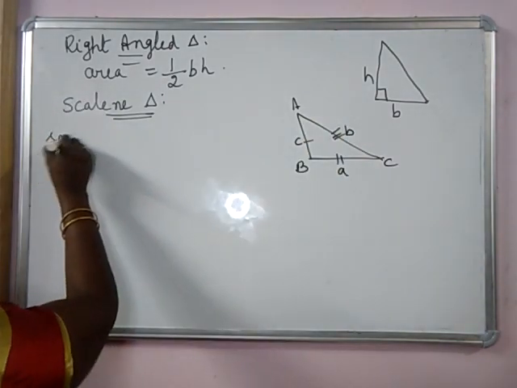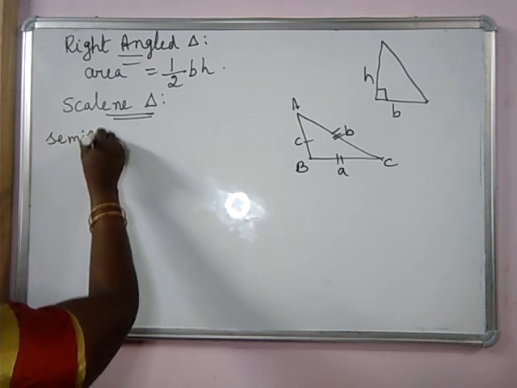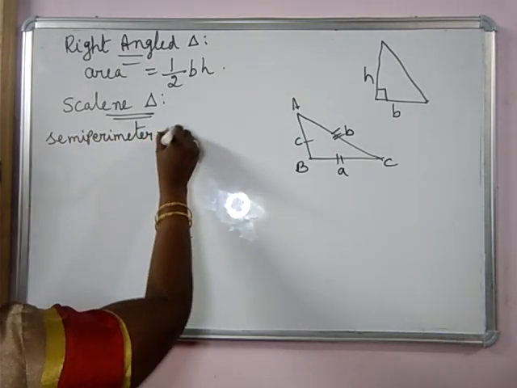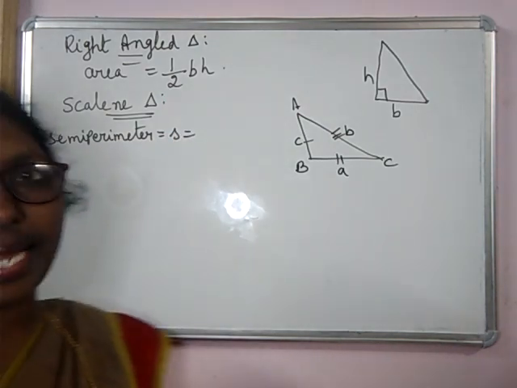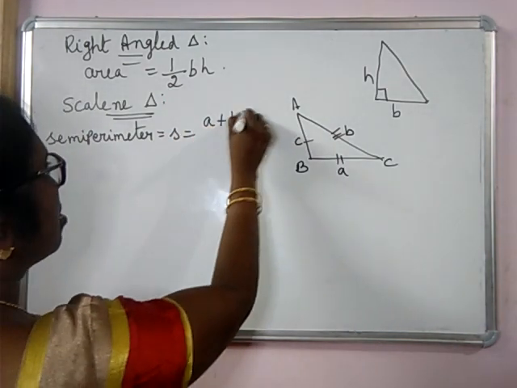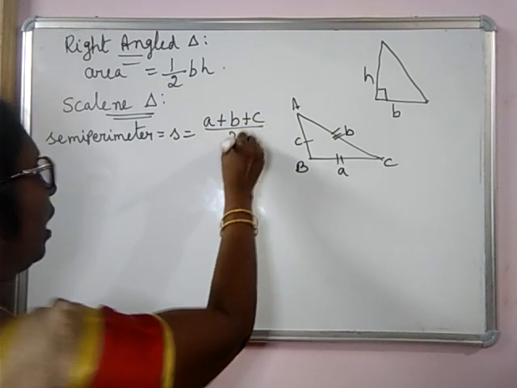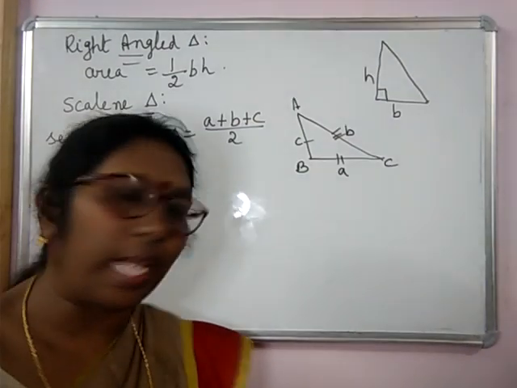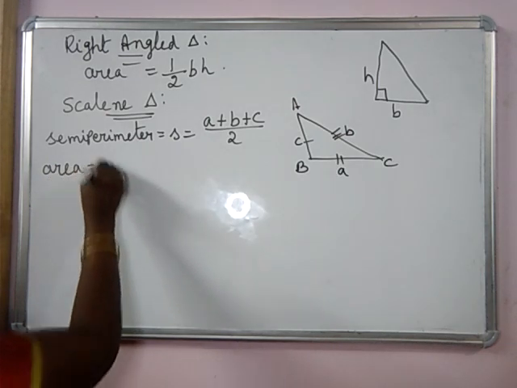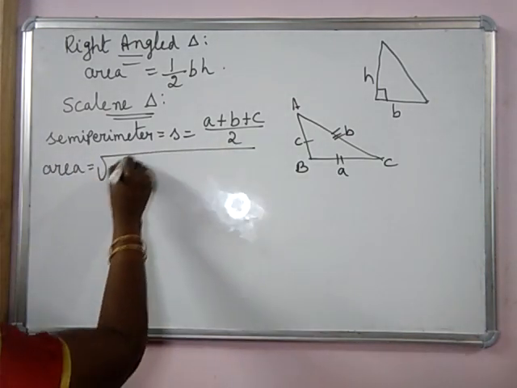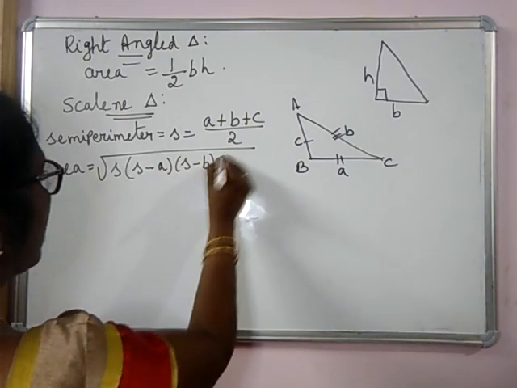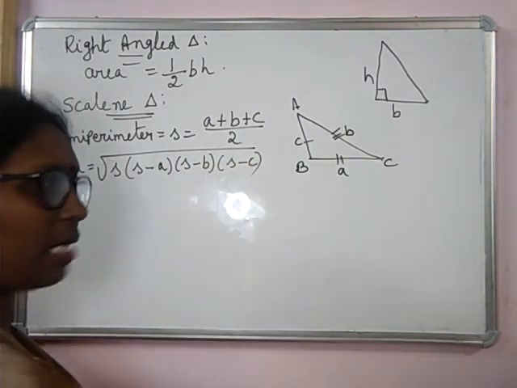So S, or semi-perimeter, you have to find in order to find the area of a scalene triangle, and we take S for semi-perimeter. Semi-perimeter is a plus b plus c by 2. And the formula for finding the area of a scalene triangle is square root of S into S minus a into S minus b into S minus c.